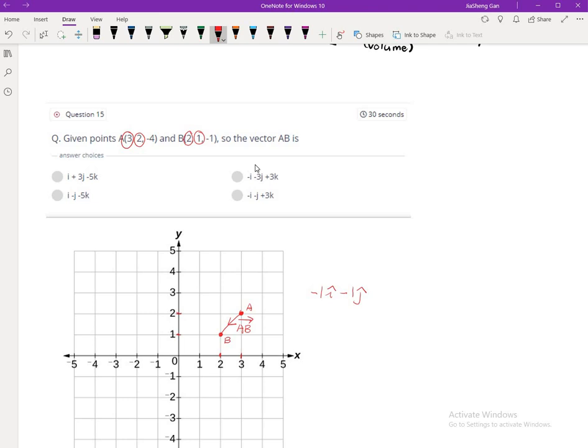Okay, you know this. Actually, how do you know this? For the x, you take the final minus the initial. For x, the final is 2, the initial is 3.